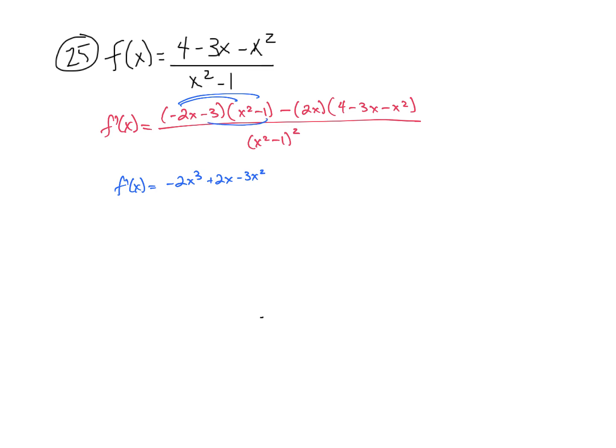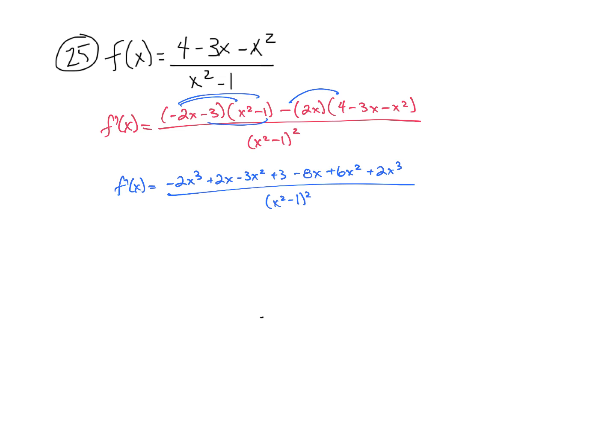Then my last, plus 3. And on my right side, I'm just going to distribute negative 2x. When I distribute negative 2x, I'm left with negative 8x. And then all over this quantity x squared minus 1 squared.